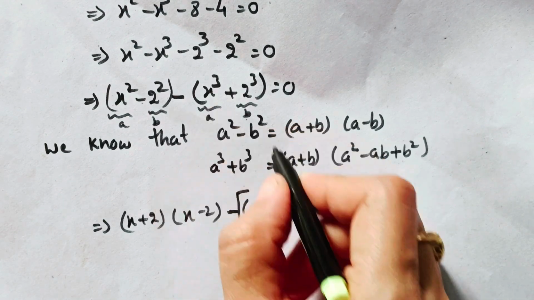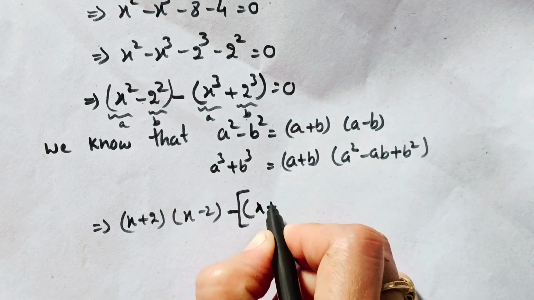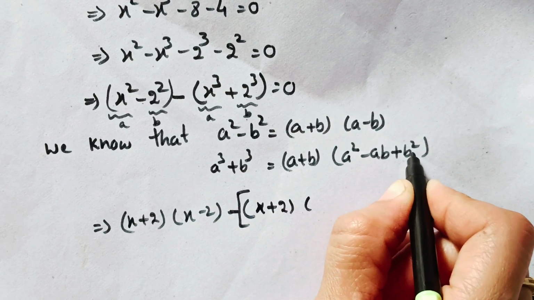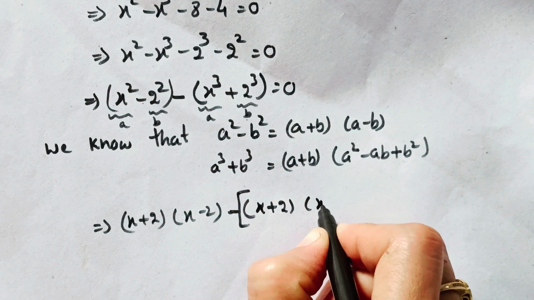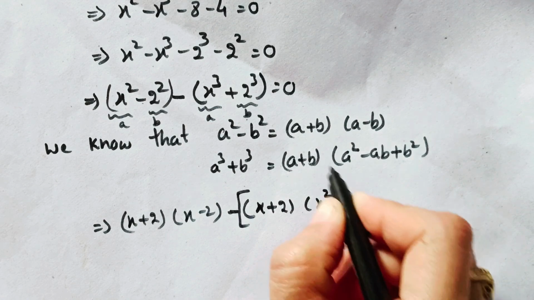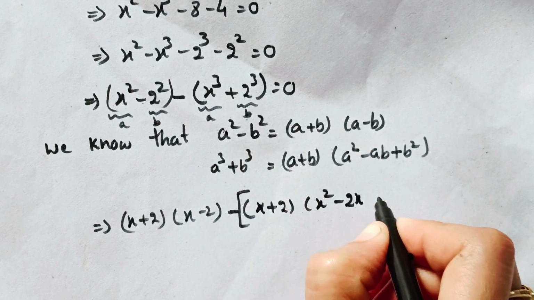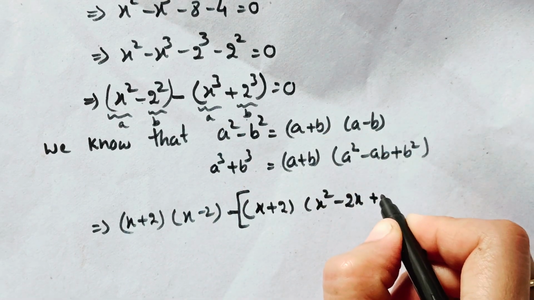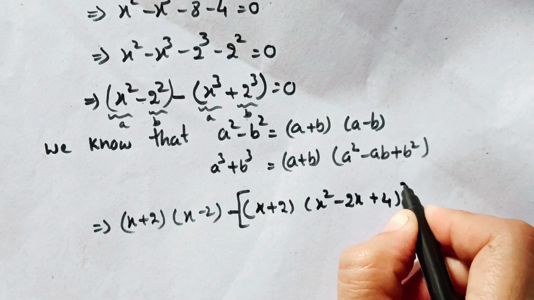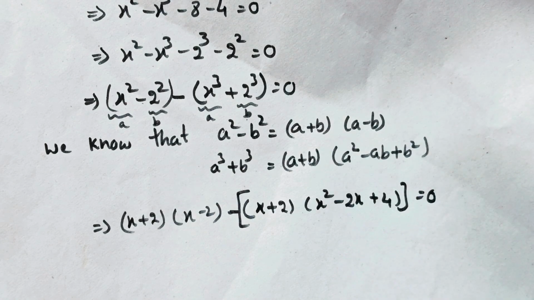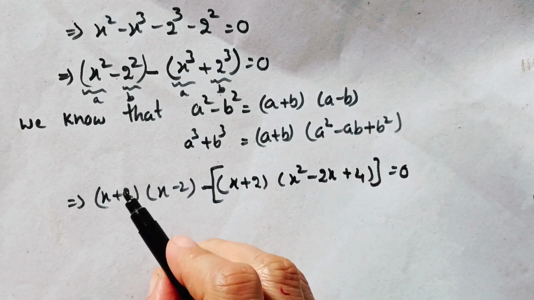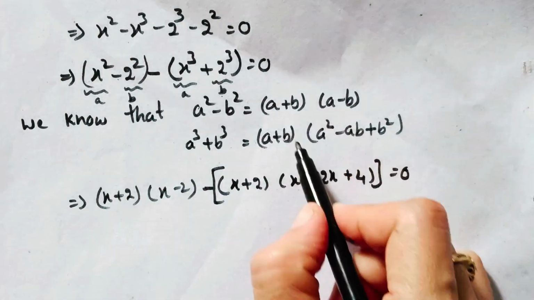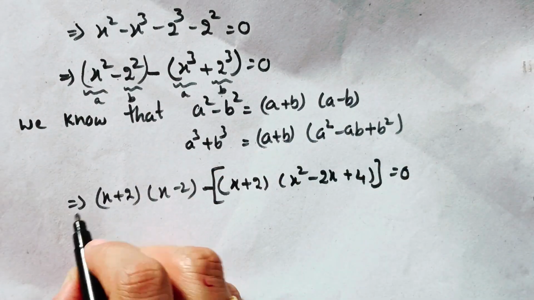Minus of a plus b means x plus 2 of a square minus ab plus b square, meaning x square minus 2x plus 2 square, which is 4, equal to 0. Understood? I'll just expand this step using the formula, as we have mentioned here.